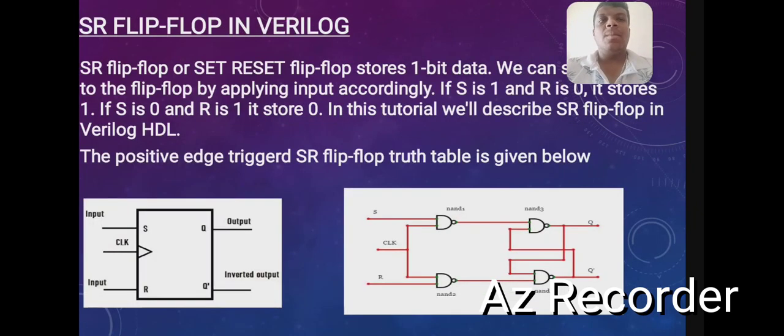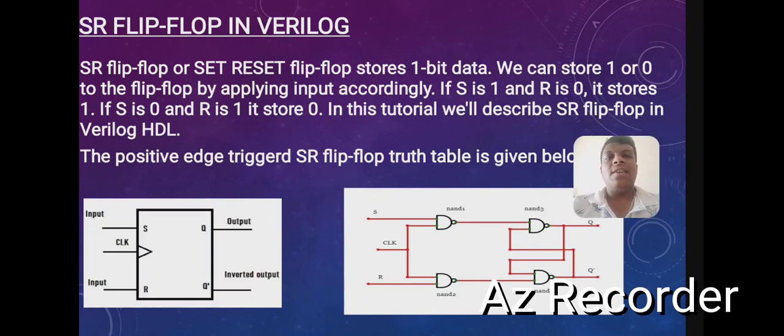So let us learn about the SR flip-flop. The SR flip-flop, or set-reset flip-flop, stores 1 bit of data. It can store 1 or 0 by applying the inputs accordingly. If S is 1 and R is 0, it stores 1. If S is 0 and R is 1, it stores 0.